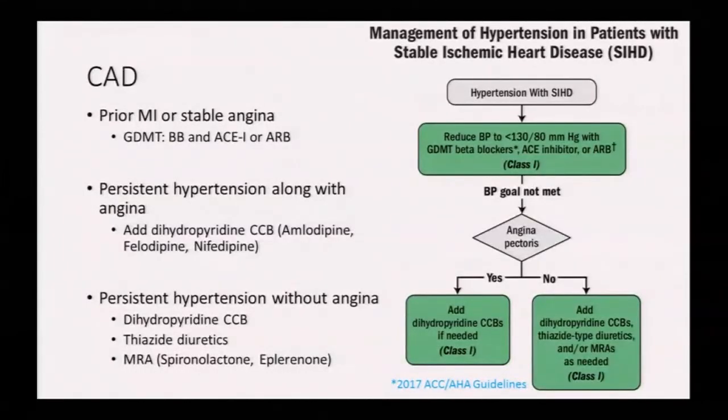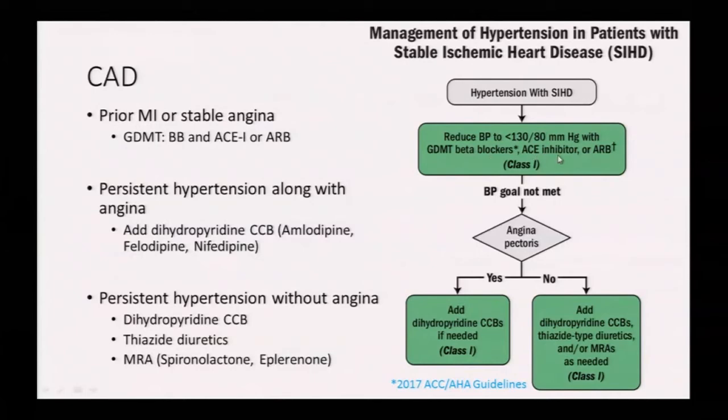For coronary artery disease patients, those patients that have prior myocardial infarction or stable angina, we should have them on goal-directed medical therapy with beta blockers or ACE inhibitors. And actually, this diagram makes it really easy to look at it.